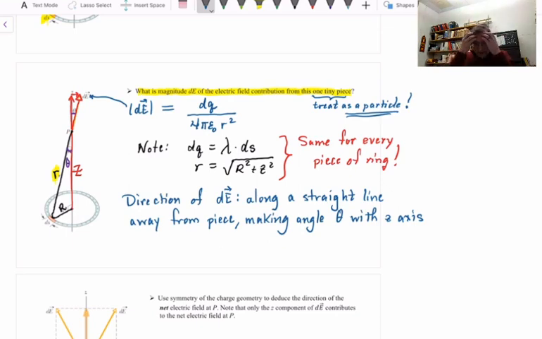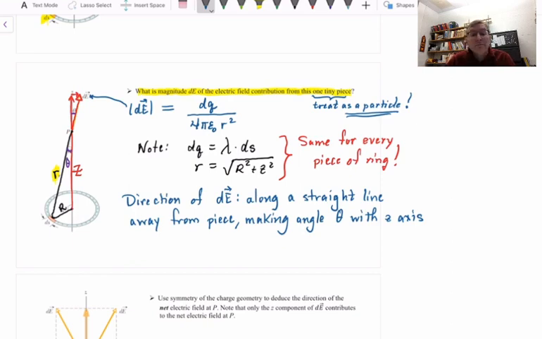All right, now we've got to do similar thinking for every piece of the ring. There's an infinite number of little pieces. We've only highlighted one arbitrarily chosen one. We figured out a formula for the dE magnitude and talked about the direction in terms of an angle theta that our diagram shows.